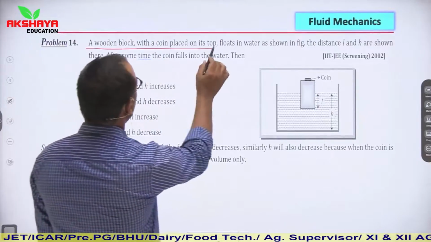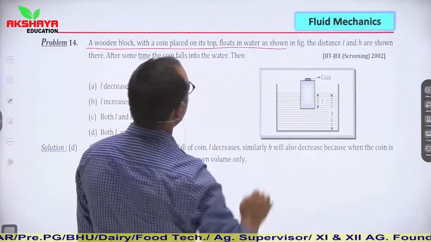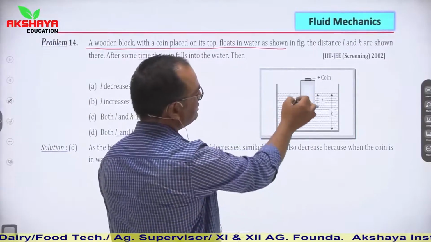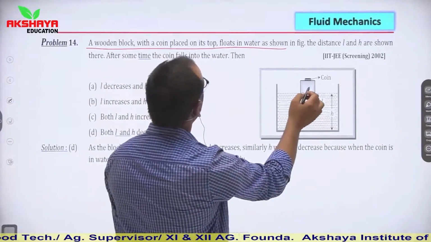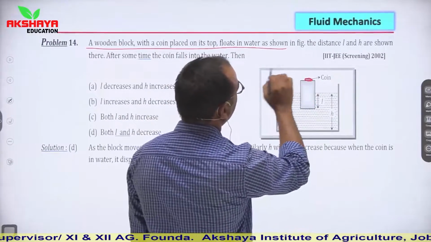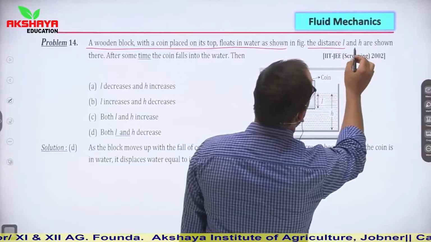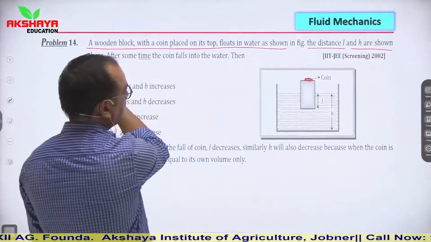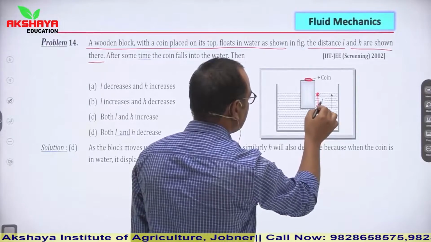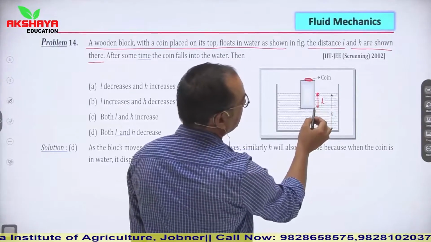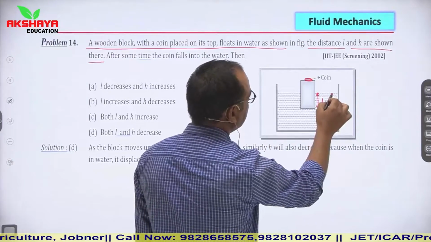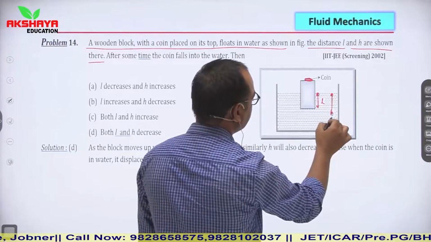A wooden block with a coin placed at its top floats in water. This is the wooden block and a coin is placed on its top. The distances L and H are shown there. Distance L is the length of this solid wooden block which is inside the liquid, and H is the total depth from its bottom.